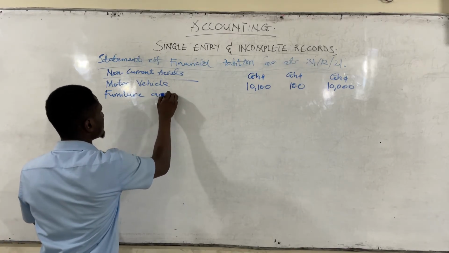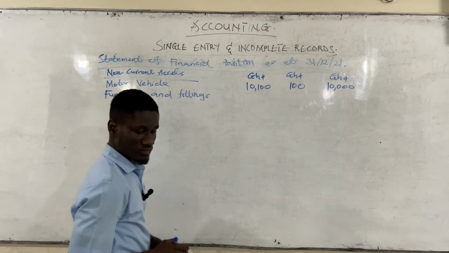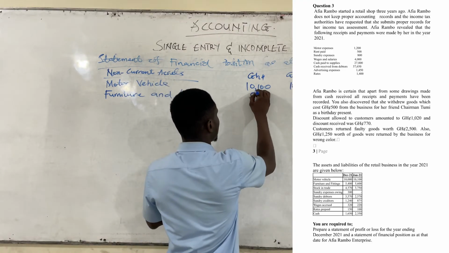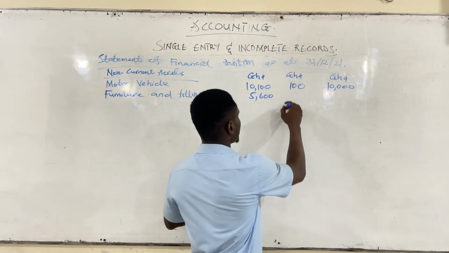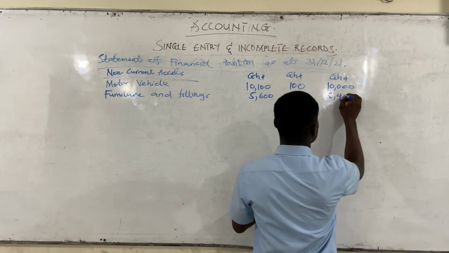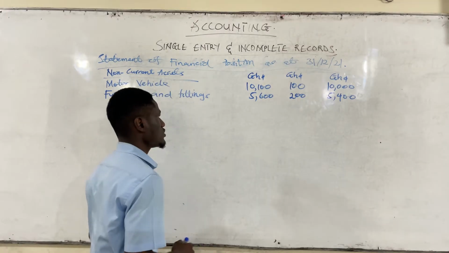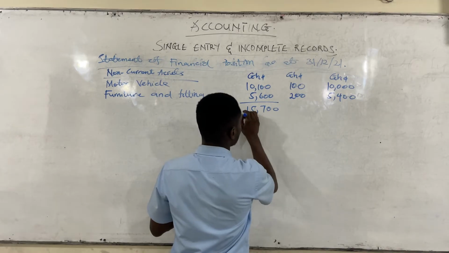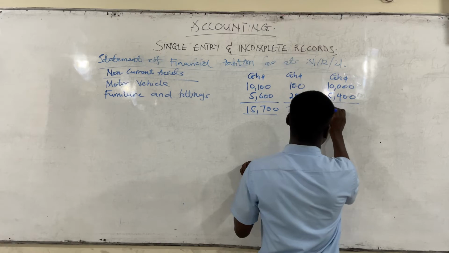So furniture and fittings was 5,600. It accumulated a depreciation of 200, and the net book value was 5,400. Good. So these are the only non-current assets we have in the question. So we are going to add these together. We are going to get 15,700 here. We are going to get 300 here. And we are going to get 15,400 here.